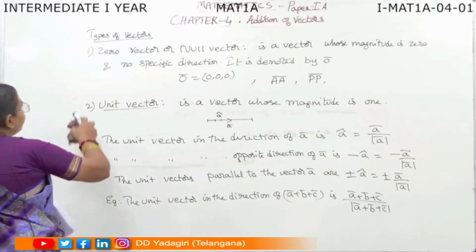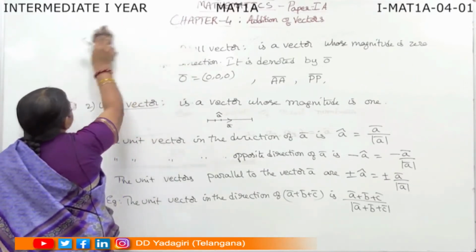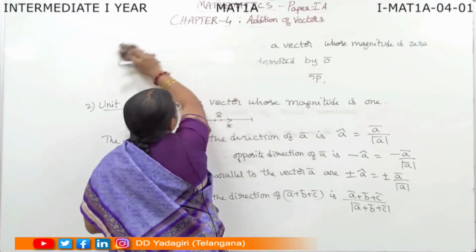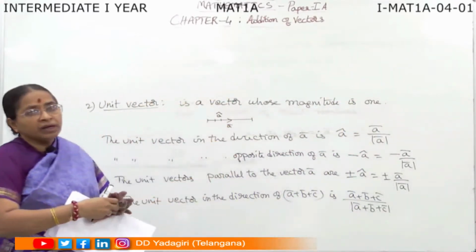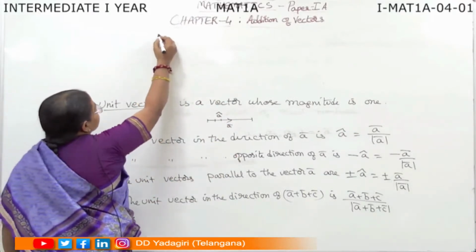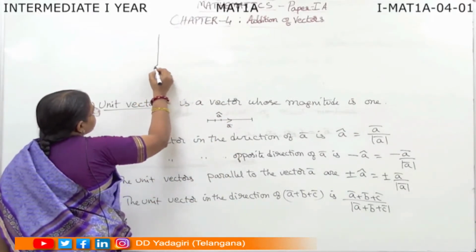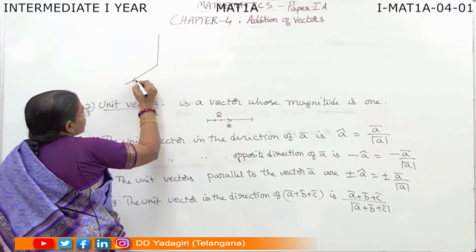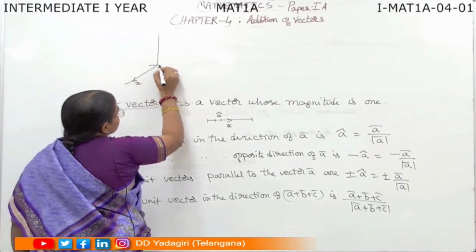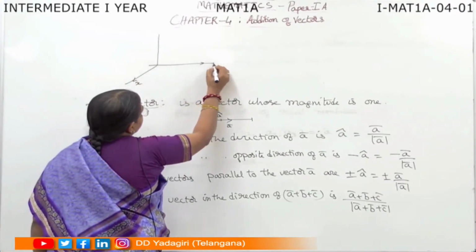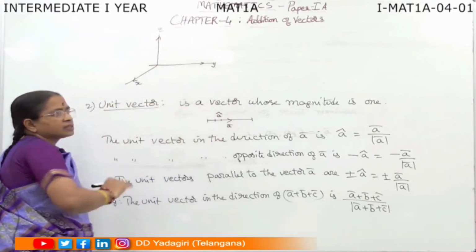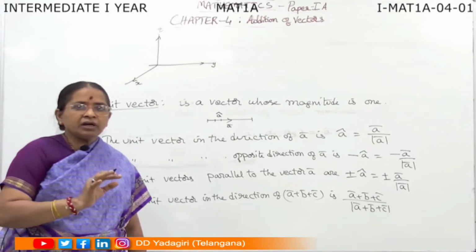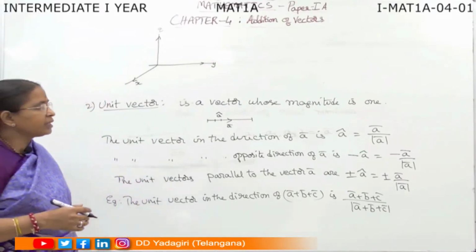Okay, now we have unit vectors in the direction of positive x-axis, in the direction of negative x-axis, like that. We have standard notation. Suppose that this is x-axis and this is y-axis and this is z-axis. So we are in the three-dimensional coordinate system.